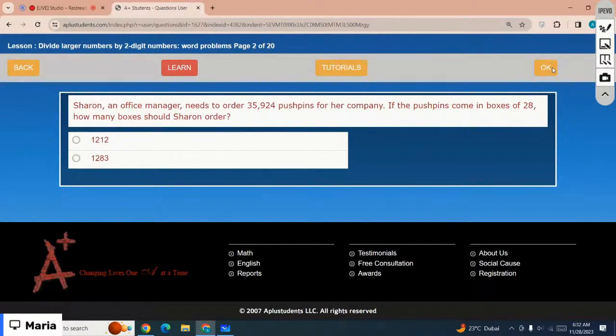Which is the correct option? Yes, 1283 is the correct option.